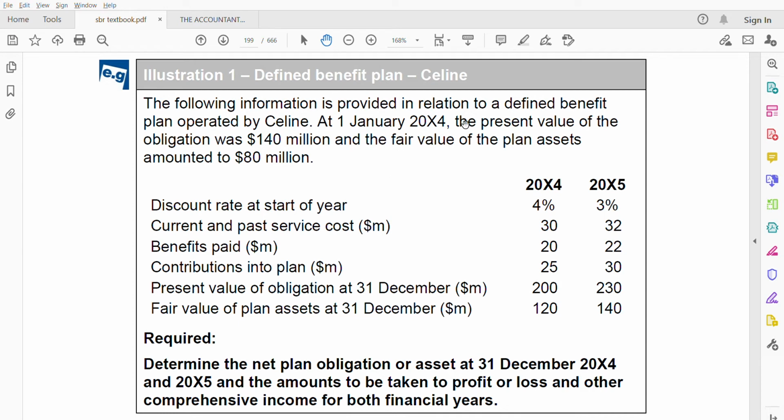So at 1st of Jan 2004, the present value of obligation was 140 and the fair value of plan assets amounted to 80 million.